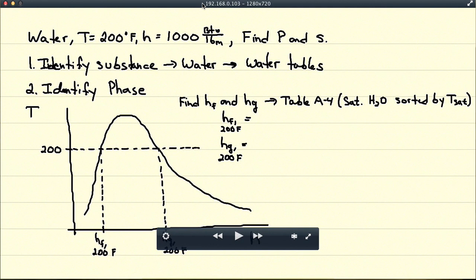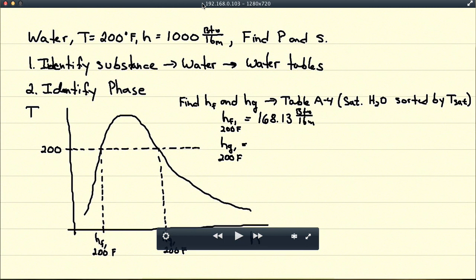So our saturated liquid enthalpy at 200 degrees Fahrenheit is 168.13 BTU per pound mass.